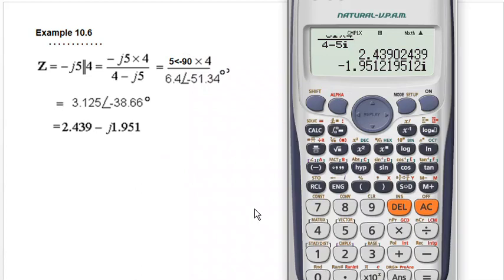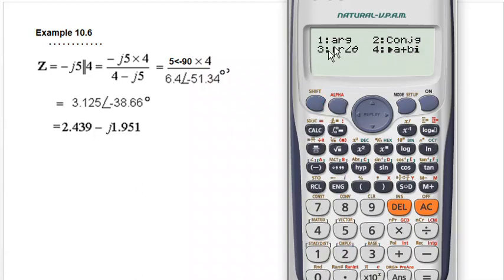Now in case you want to see it in polar form, for that we have to use the complex function here. So we press shift complex, and now R angle theta is with button number 3. So we press 3. This is polar form. So we press 3, and it is asking answer in polar form.